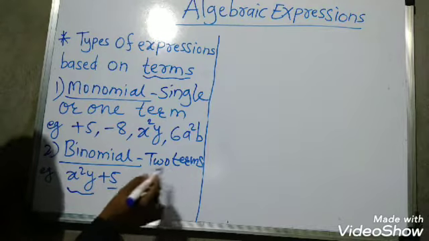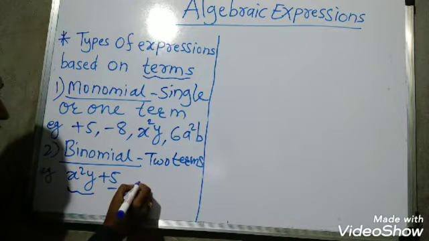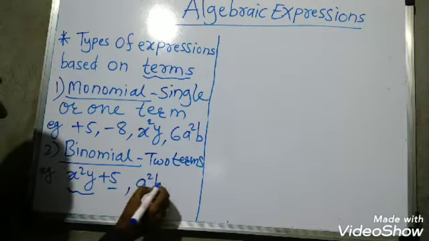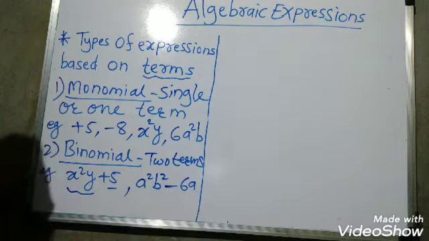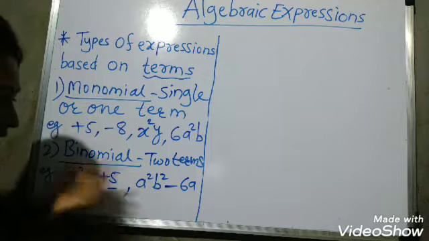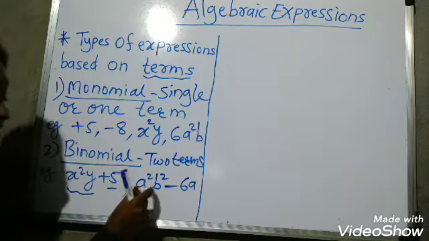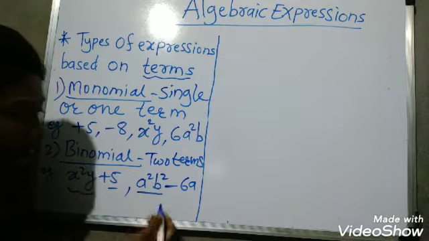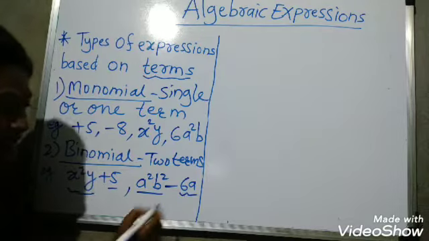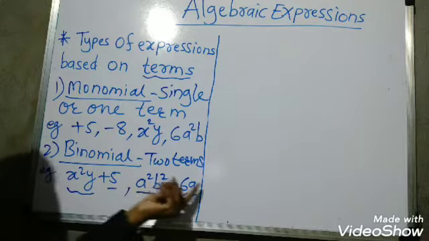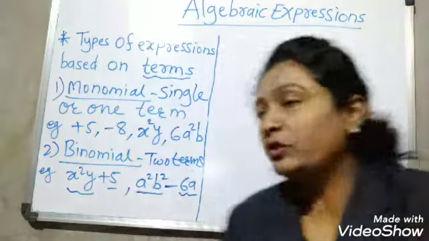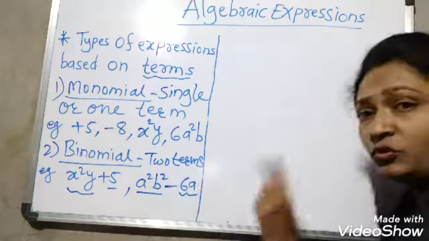Again, we can make another one: a square b square minus 6a. Here also two terms are there: a square b square is one term and minus 6a is the second term. So binomial means two terms. The expression having two terms is called a binomial.